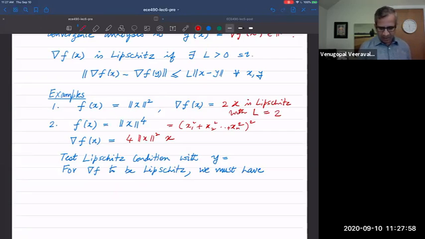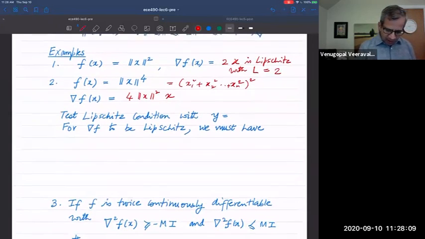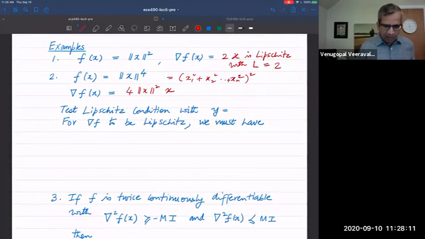You can use that to show that this is 4 times norm of x squared times x, by taking partials with respect to each of the xi's. It'll boil down to 4 times x cubed if x is a scalar. But you need to be comfortable with taking gradients of simple things like this, and then it should become obvious eventually.